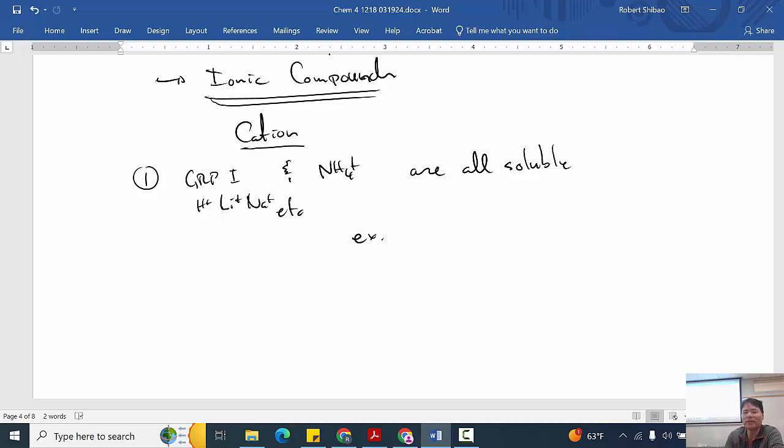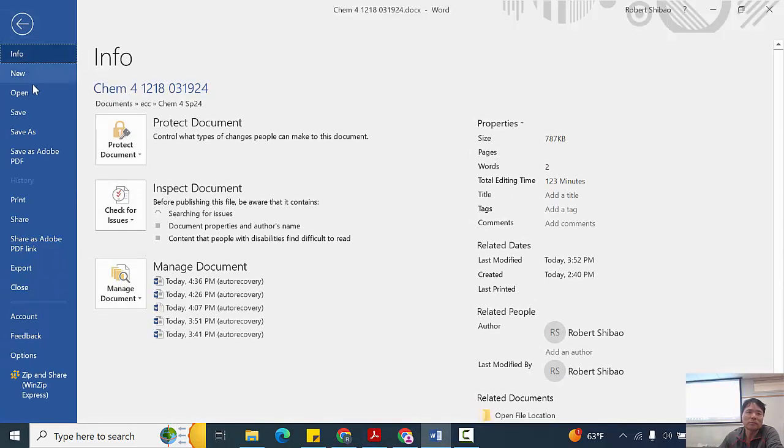Do you know the formula for ammonium phosphate? Well, ammonium is NH4+. What is phosphate? PO4. Charge? Not -2.